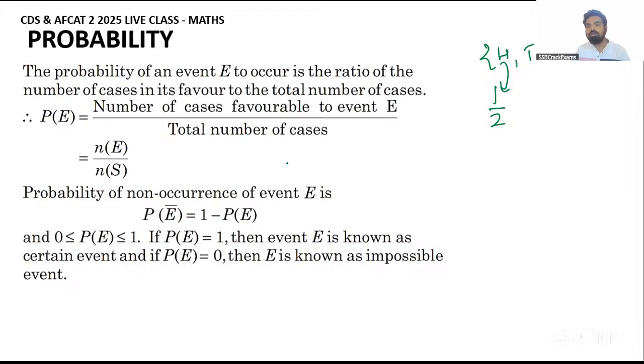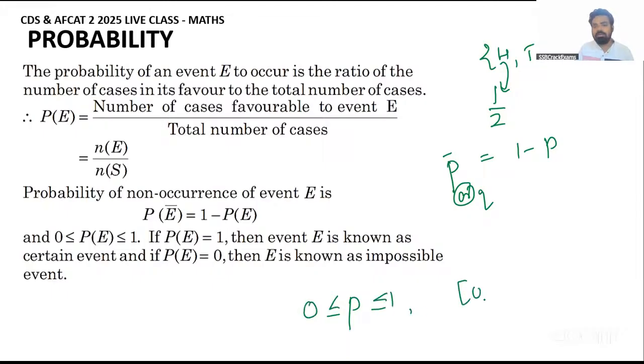So always remember, if the probability of happening of an event is P, then the probability of non-happening of the event, denoted by P bar, is equal to 1 minus P, or sometimes it is denoted by Q as well. And one more thing, always remember that the probability will always lie between 0 and 1.